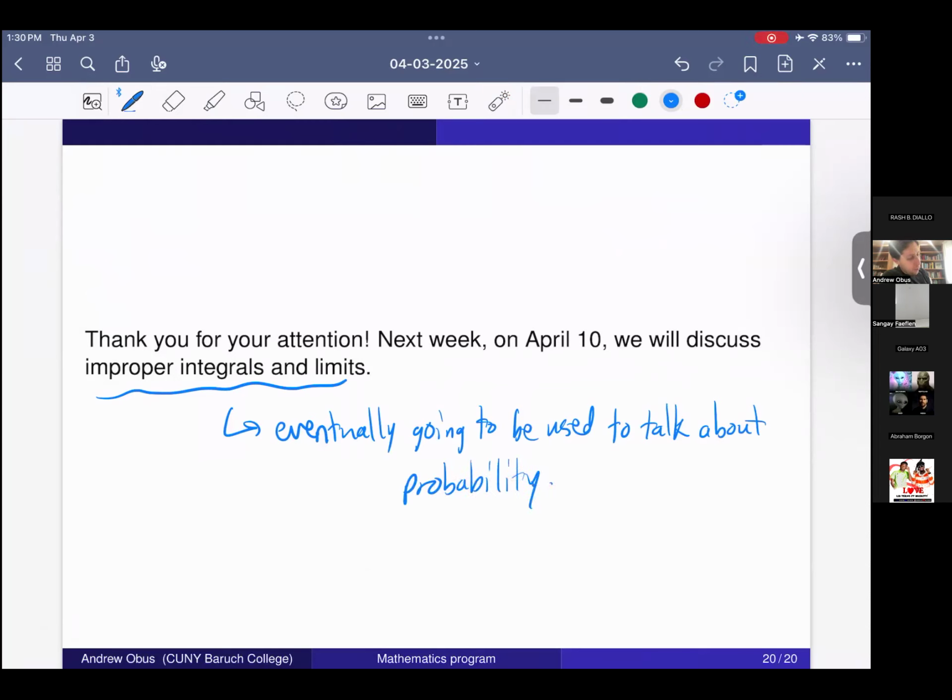That's the application that we're building up to. So maybe at some point you've seen this normal distribution bell curve, something like this. So we're going to try to talk about this using calculus, and the only way that we're going to be able to do it is to understand what's called an improper integral. What does it mean when we're looking at the area under a curve going off to infinity instead of just in some small part? Okay, so that's going to be the topic for next week.